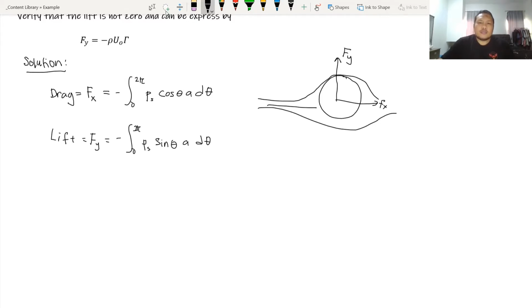So we're going to prove that this Fy equals minus rho u naught gamma. Based on these two equations, let's solve for the drag first, whether the drag also has a value or not if we combine the uniform flow u naught and the vortex.